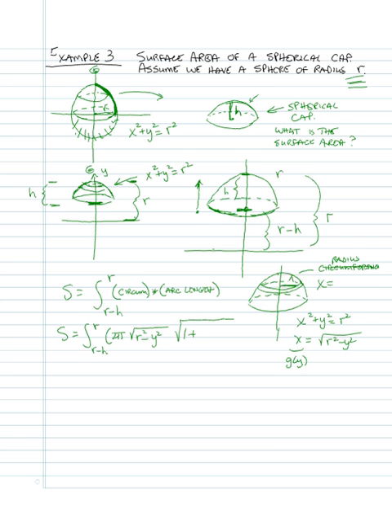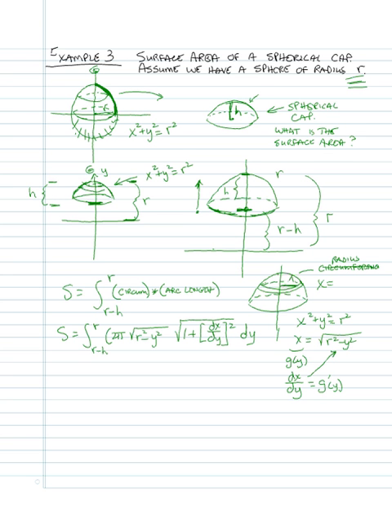Okay, we need a g prime of y, which could be written as the derivative of x with respect to y. That's the same as g prime of y. So I'm going to write it as the derivative of x with respect to y, squared, and of course dy, because we're moving y values.